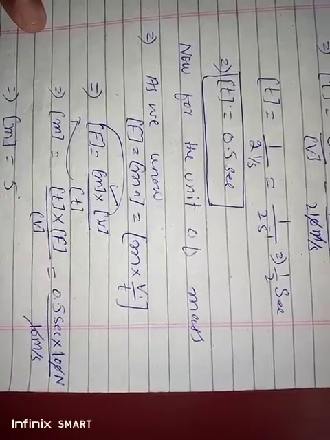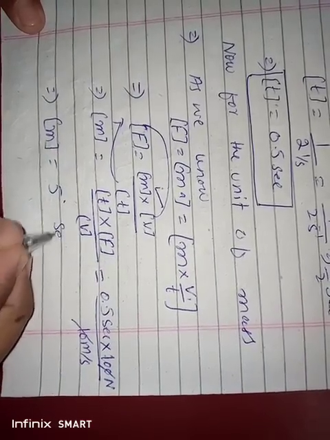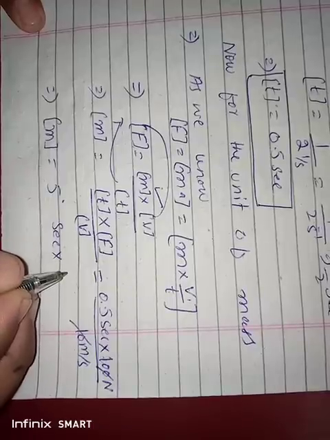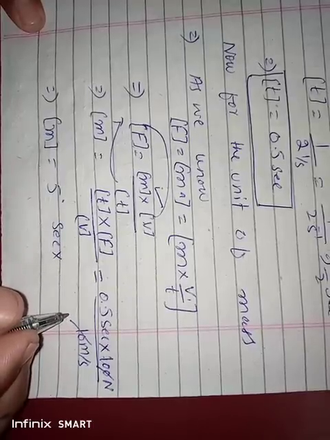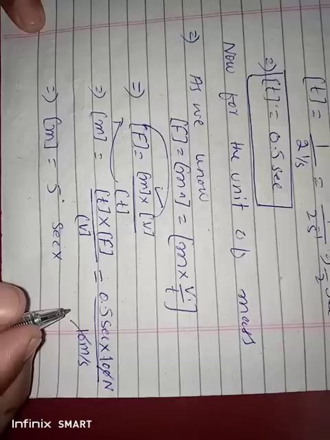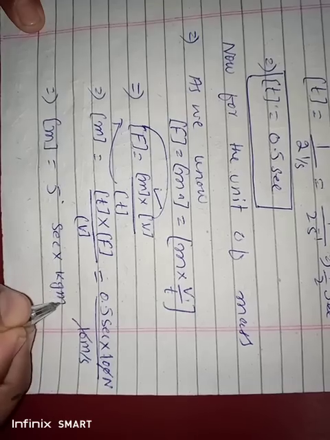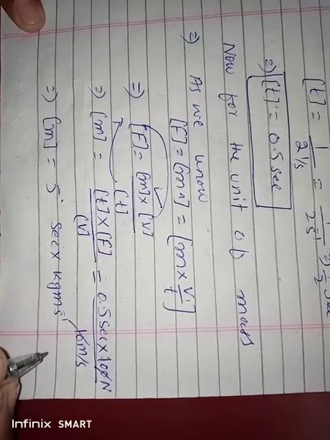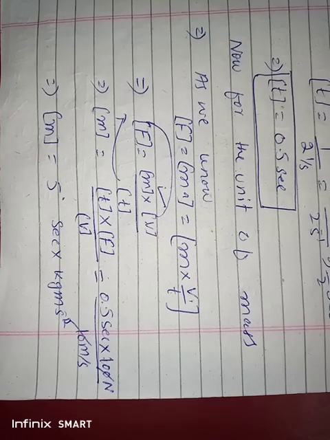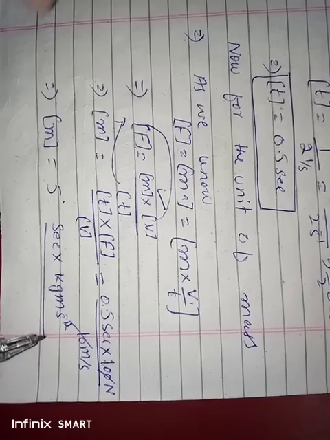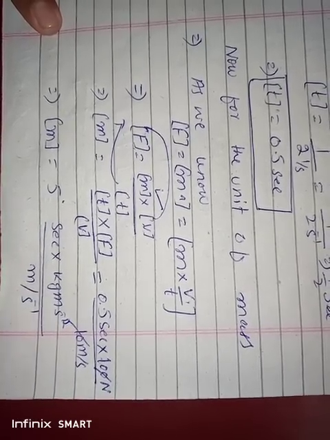Then 5 multiplied by second multiplied by Newton, where Newton is kilogram meter per second square, divided by meter per second.